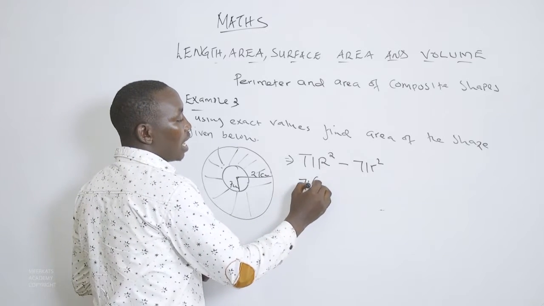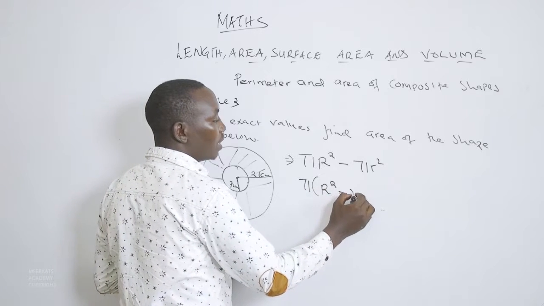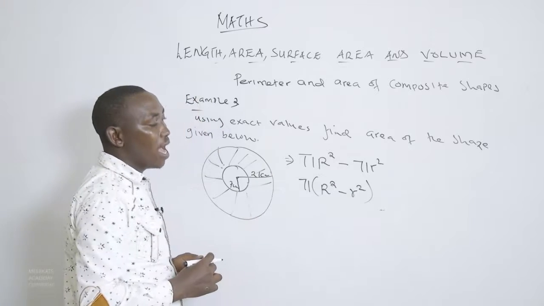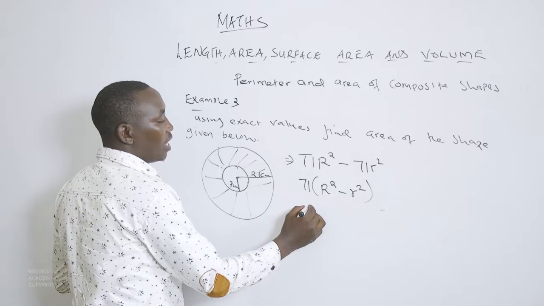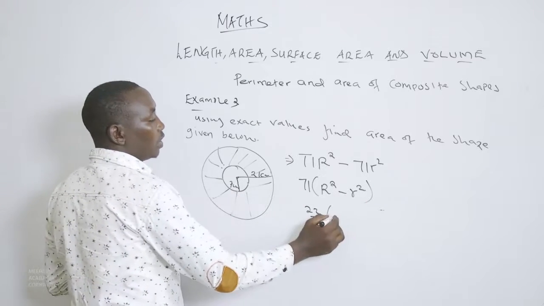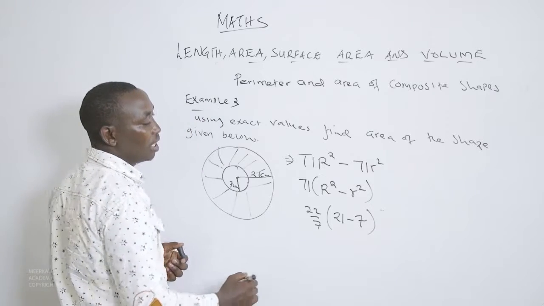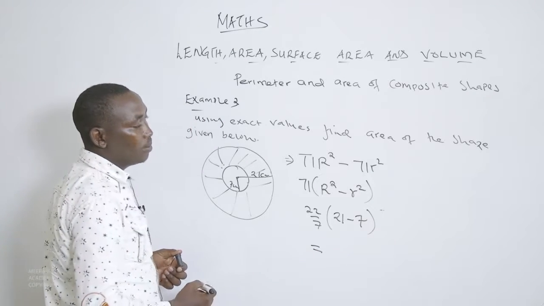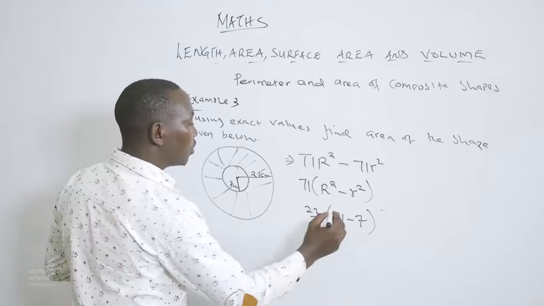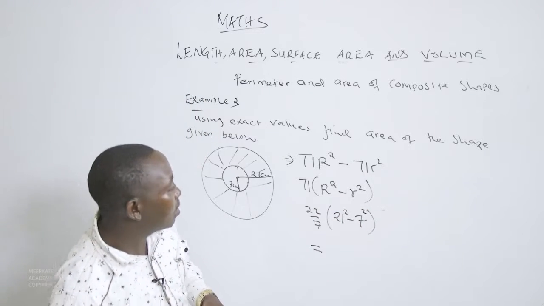We can factor out pi, so that will be pi into R squared subtract r squared. This will give us 22/7 multiplied by 21 squared subtract 7 squared, and that is in centimeters.